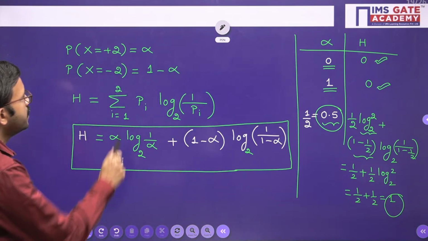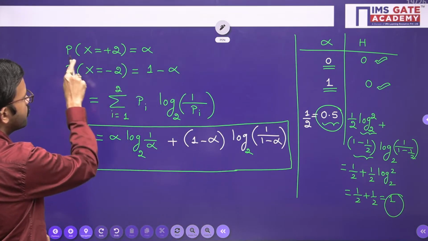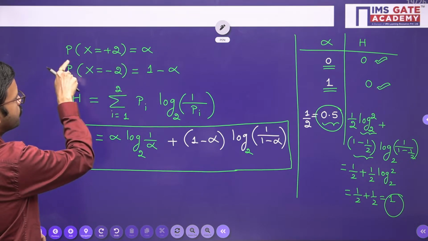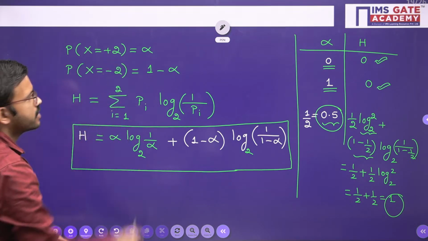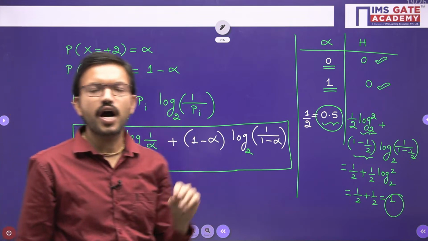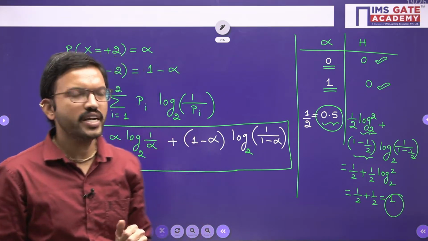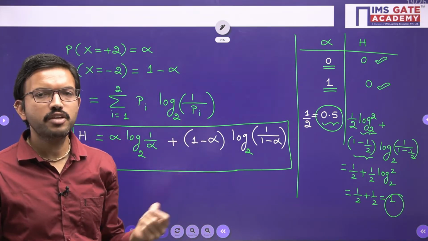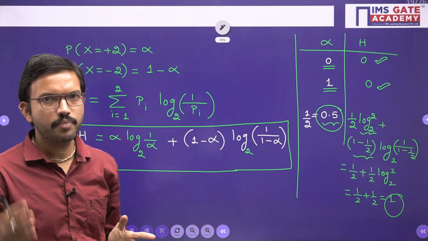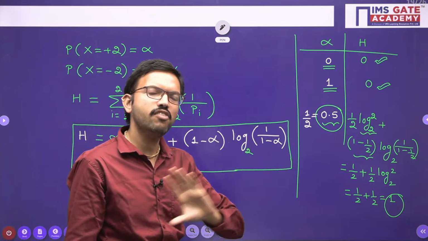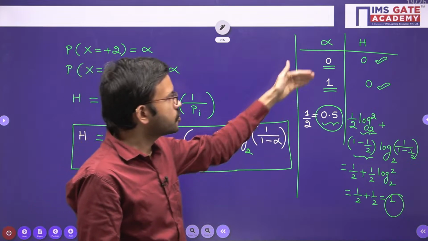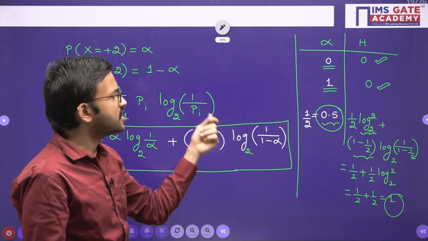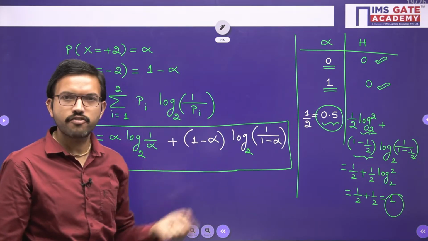Right. See here alpha is nothing but probability at x equal to plus 2, right? So that means probability value always less than or equal to 1, right? So the probability minimum value could be 0 and maximum value could be 1, right? Within 0 to 1, any value we can consider. Okay. So in your free time, just verify with the other alpha values, okay.